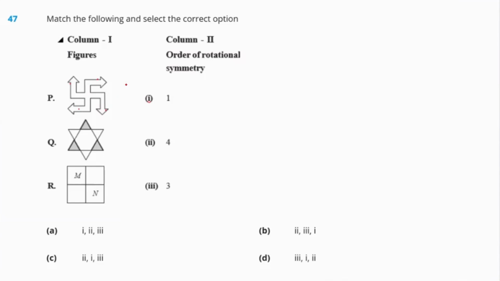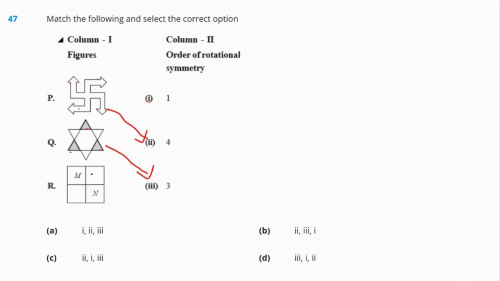In all the cases, it can rotate four times. The rotational symmetry of the first figure is 4. In the next case, you can see three are shaded, so it has a rotational symmetry of 3 only. And here M and N, these two letters are different.